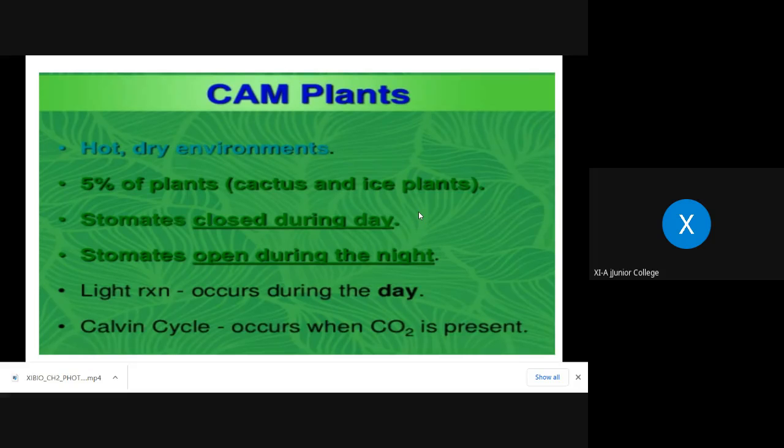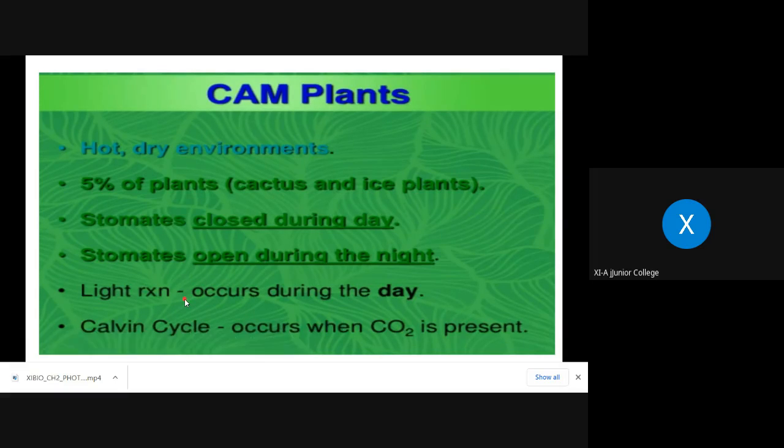That means stomata remain closed during the day, whereas they are open during the night. So the light reaction and the light independent part take place at two different times. During the day, the light reaction occurs, whereas the dark reaction occurs during the night.